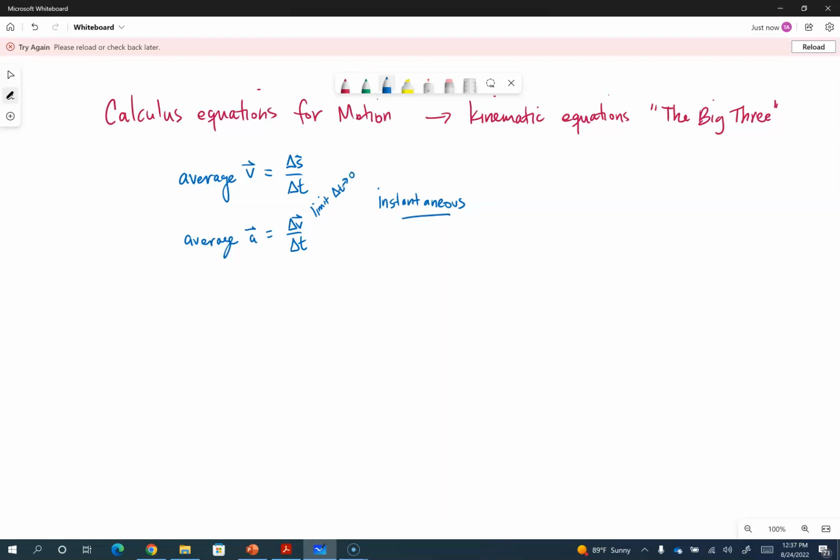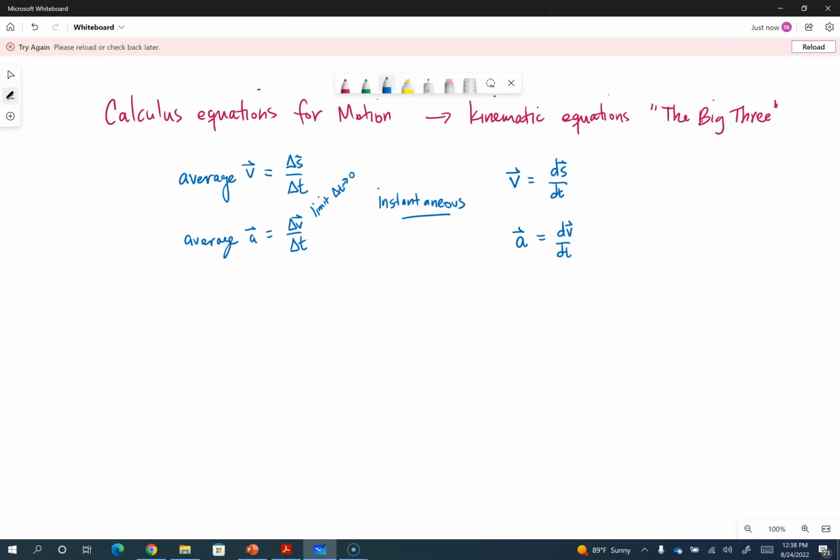What that leads us to is we can find instantaneous velocity, or at least the equation that describes it, by differentiating, taking the derivative of the position function as a function of time. Similarly, we can find the equation that describes the acceleration at an instant in time by taking the derivative of the velocity function with respect to time.